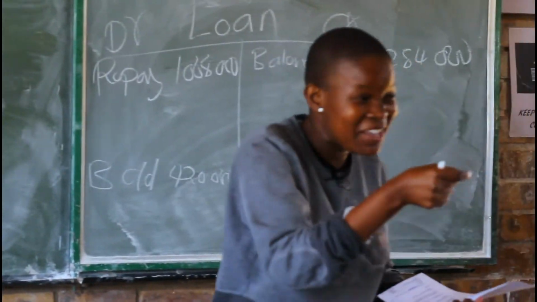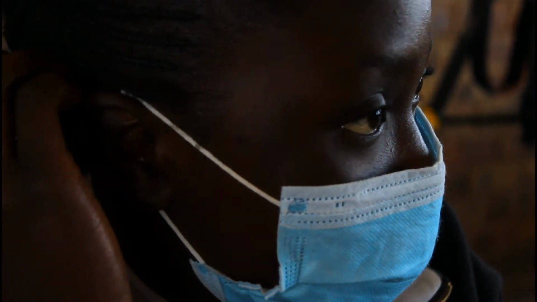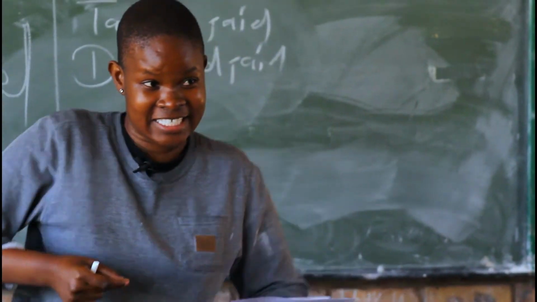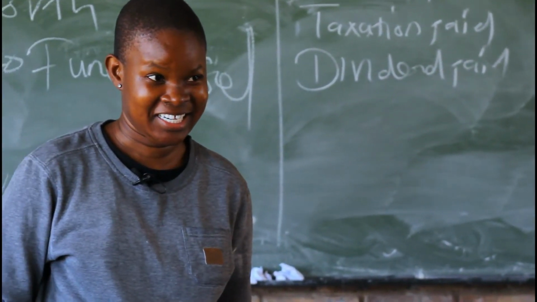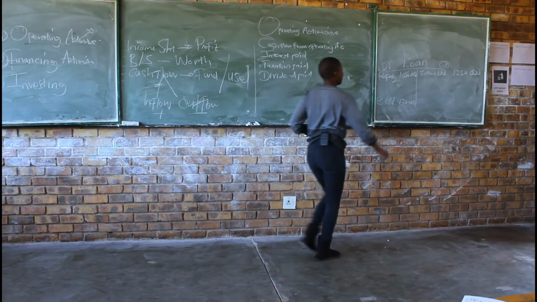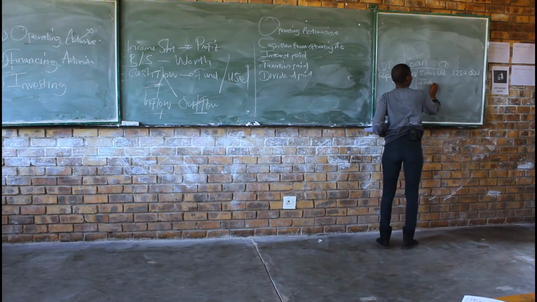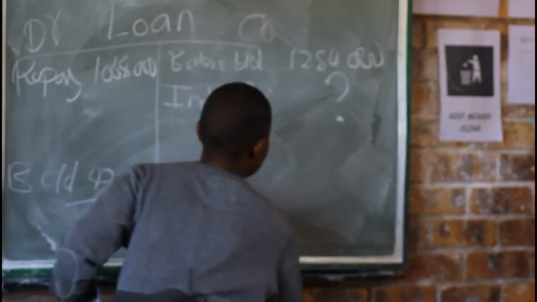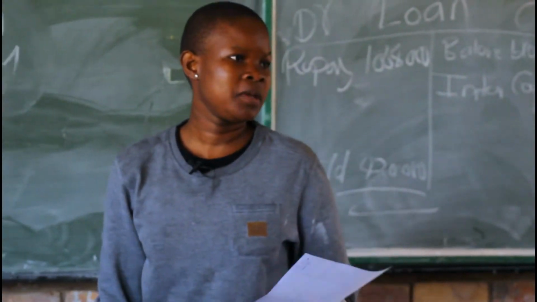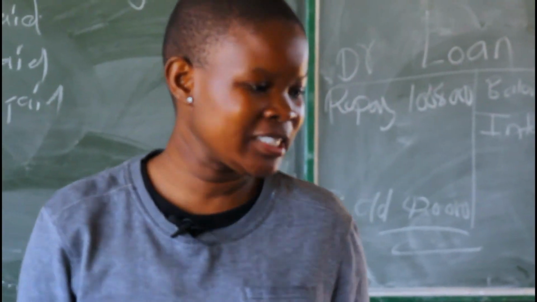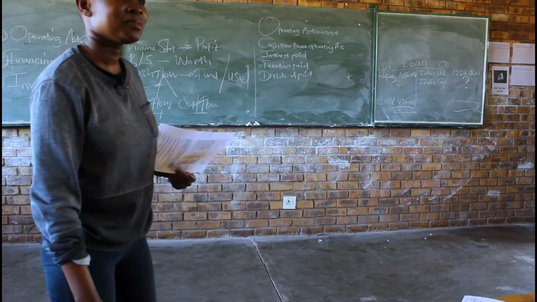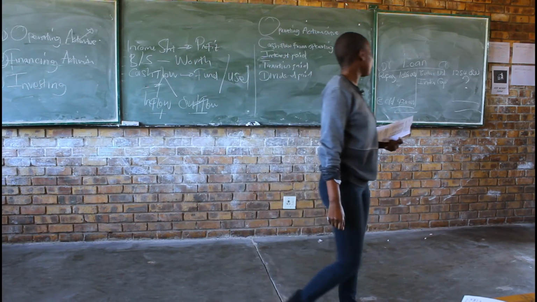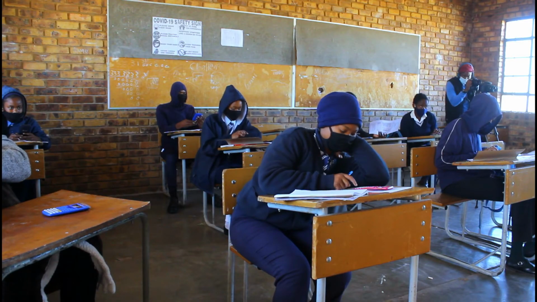If the interest capitalized increases the balance of the loan, is it a debit or is it a credit? It's a credit. Now, this is what you are looking for. This is how you get it. If you're not sure what to add, what to minus, this is how you always do it.